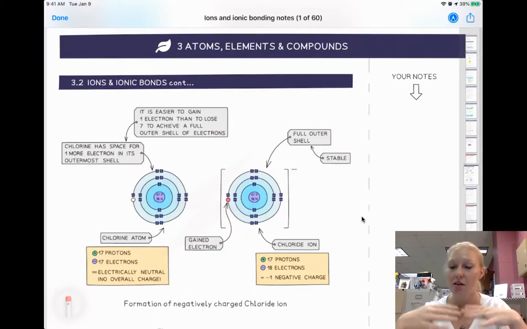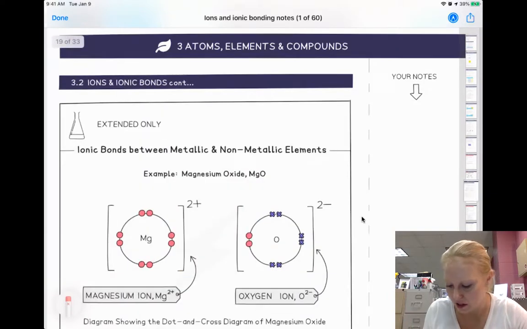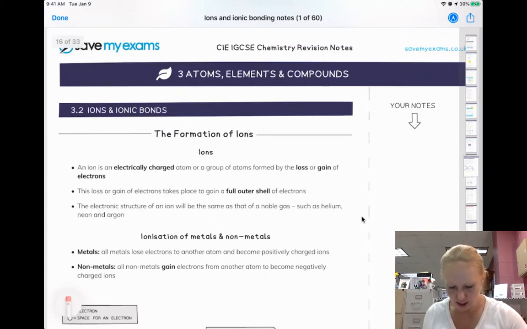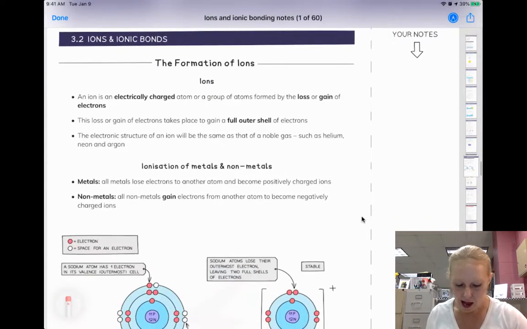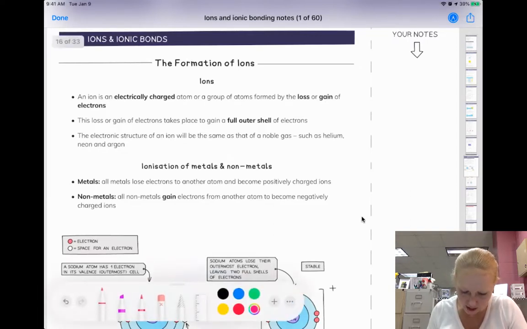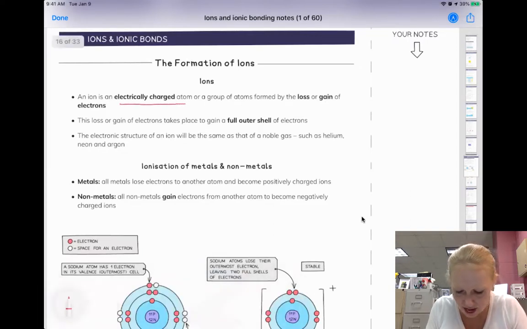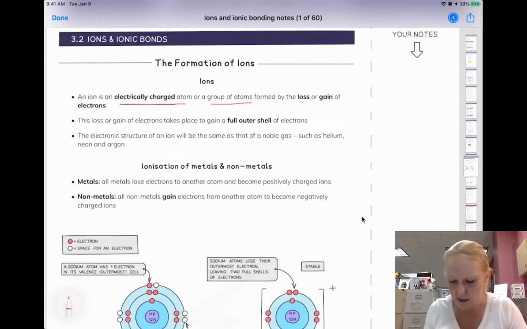Now previously we've discussed what ions are, and in case you have forgotten, let's just brush up your knowledge. So ions, if you want to recall, and I hope you do, are electrically charged atoms or groups of atoms that have been formed by either losing or gaining electrons.